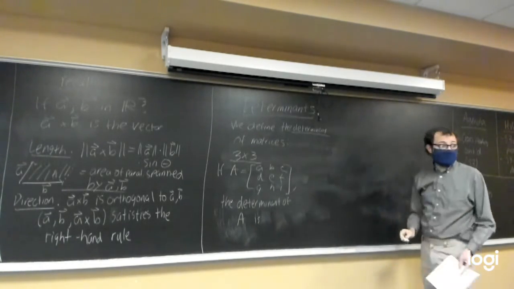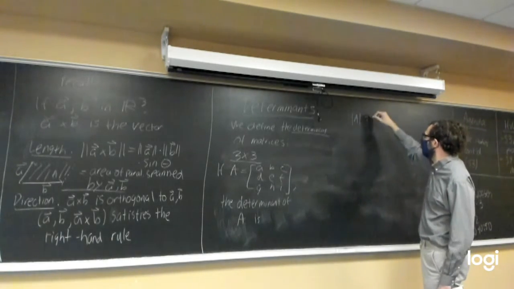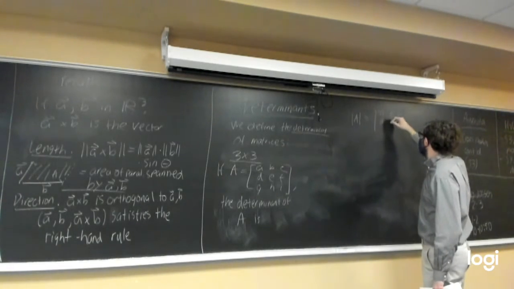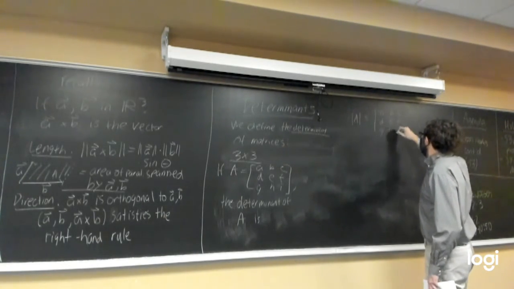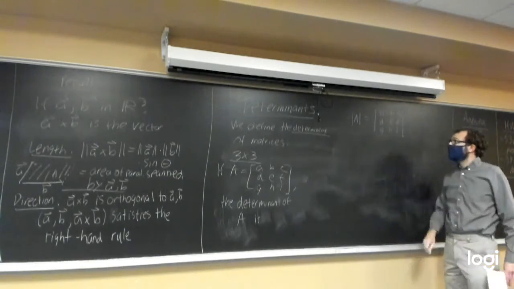We still use the same notation, A with vertical bars around it, which is the same as writing out the matrix with vertical bars instead of square brackets.